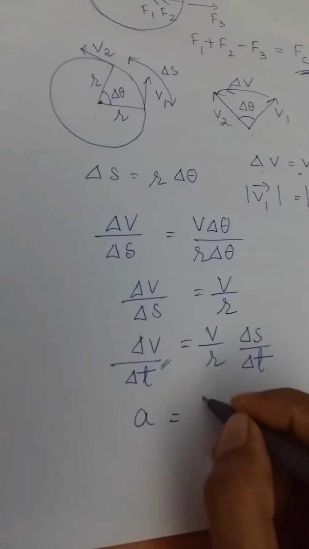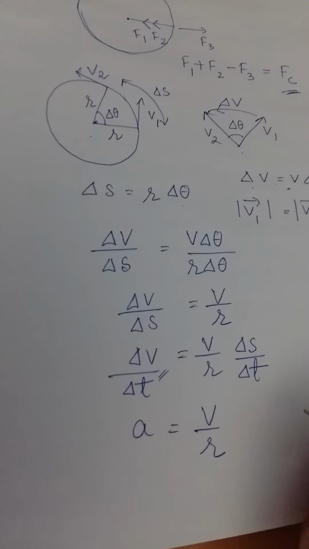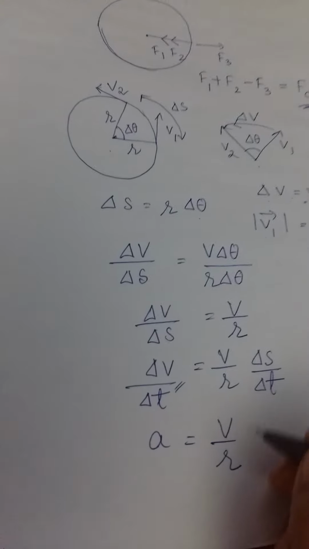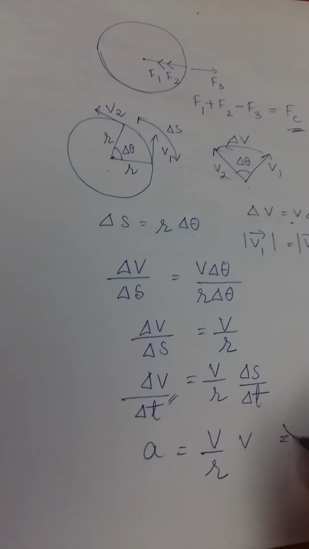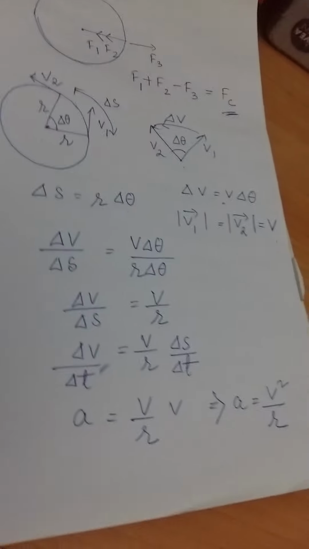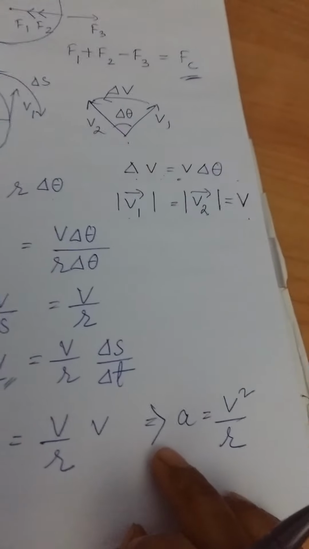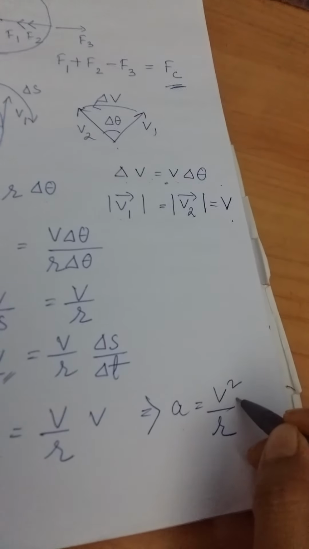So it equals v by r times del s by del t, which gives the rate of change of displacement, meaning velocity. Therefore a equals v square by r, which is the relation between centripetal acceleration and the linear velocity.